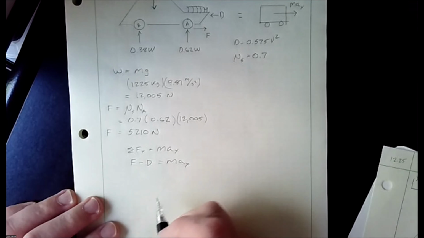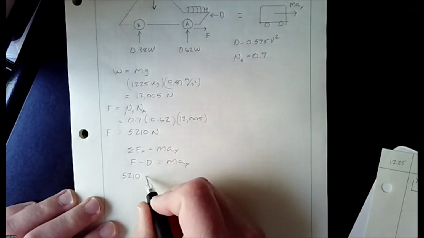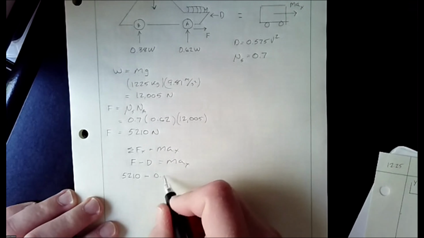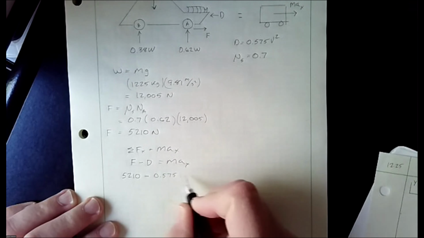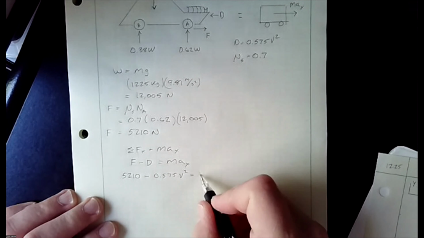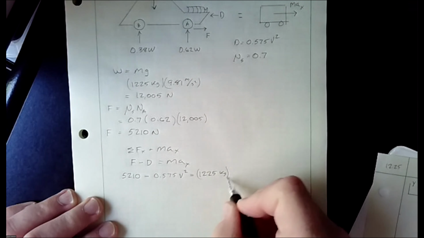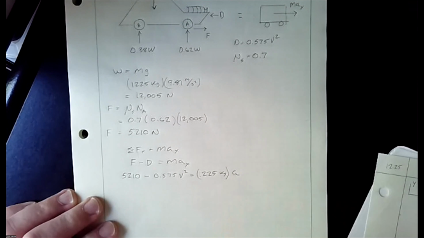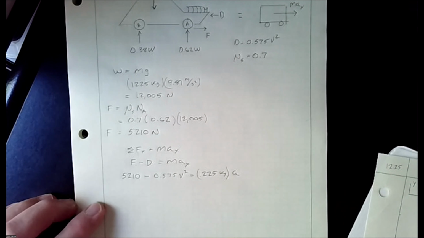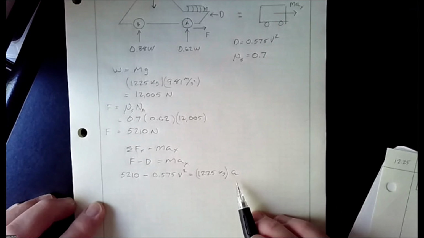That's going to give me 5210 minus 0.575 V squared, and that's all equal to the mass, 1,225 kilograms, times acceleration. Okay.